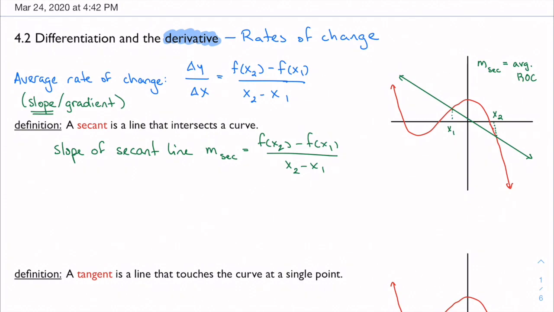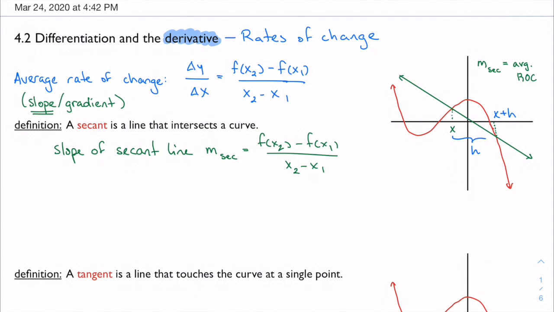If instead I talk about an x1 and an x2, I talk about an x, and then I talk about a point h units away. So instead of x2, I really have x plus some h units that I've moved. Well, now what's the slope?